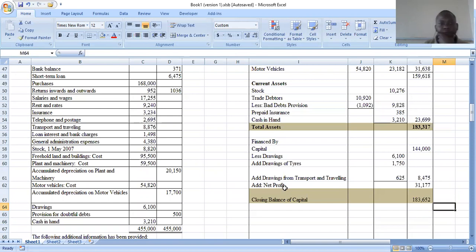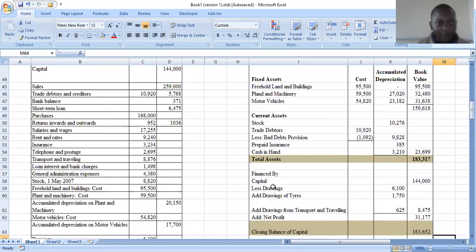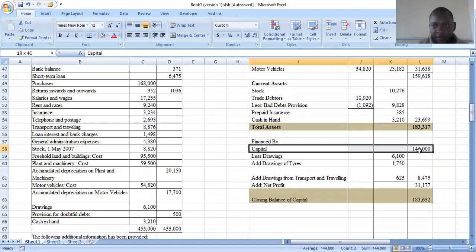Are we together? Yes, we are together. Okay, but I'm foreseeing a problem anyway. Let's continue. And that is capital.